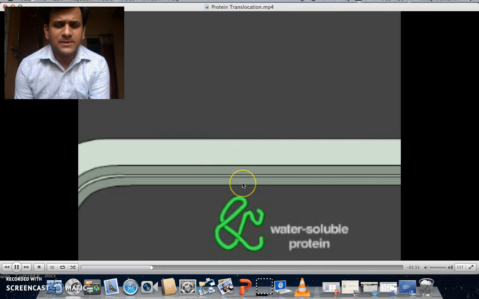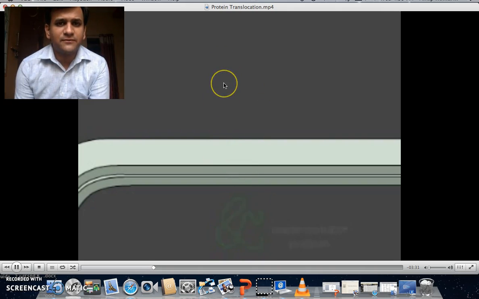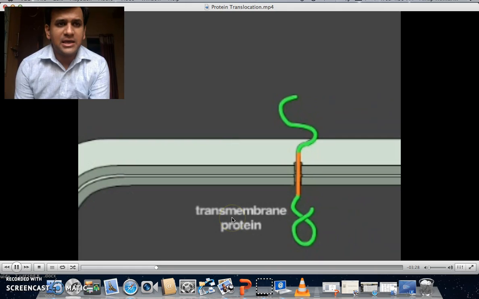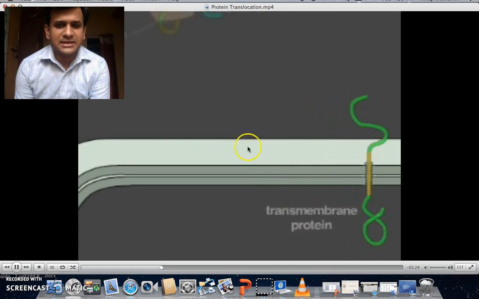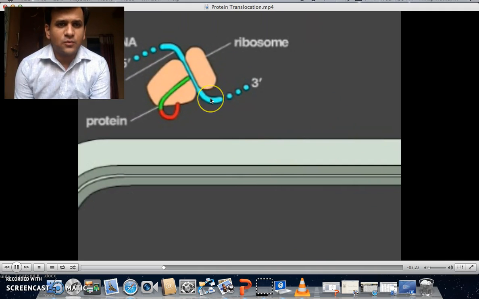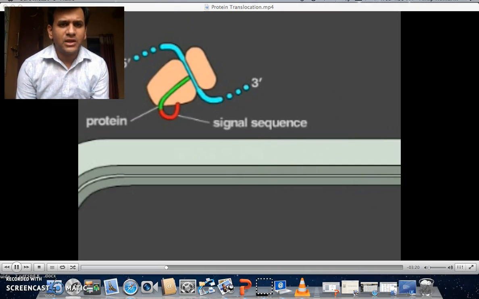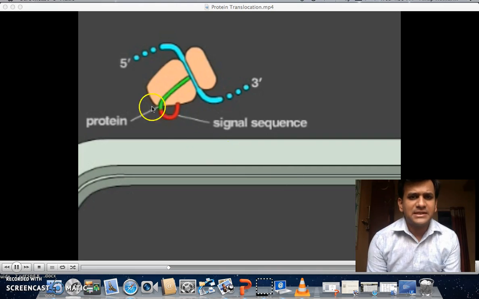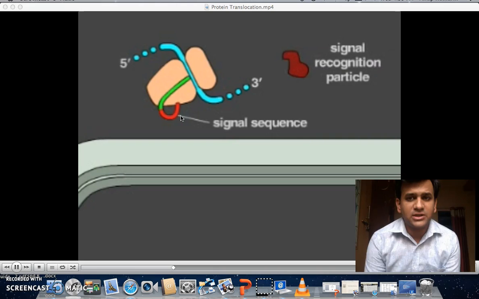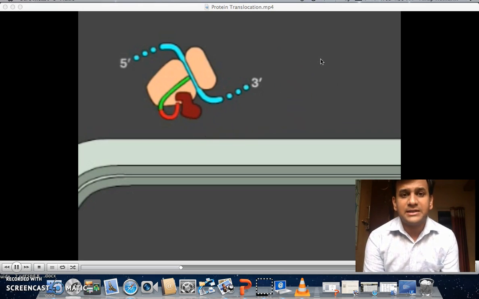Whatever water soluble proteins are being produced, immediately when they are produced, they are taken inside the endoplasmic reticulum. Some transmembrane proteins are also synthesized in this particular way. What we have here, if you can see, is a signal sequence, which is present on the emerging proteins, and it is very important, as it is identified by the signal recognition particle, which is already there in the cytosol.